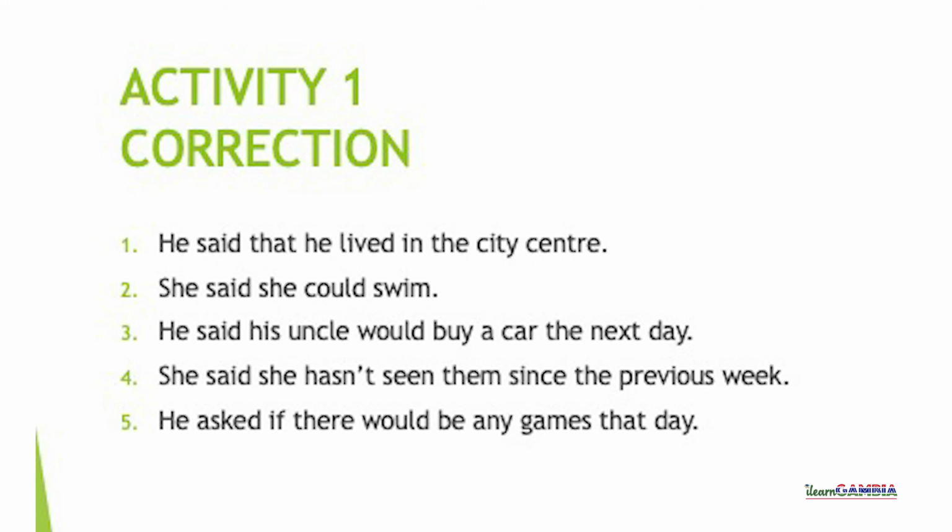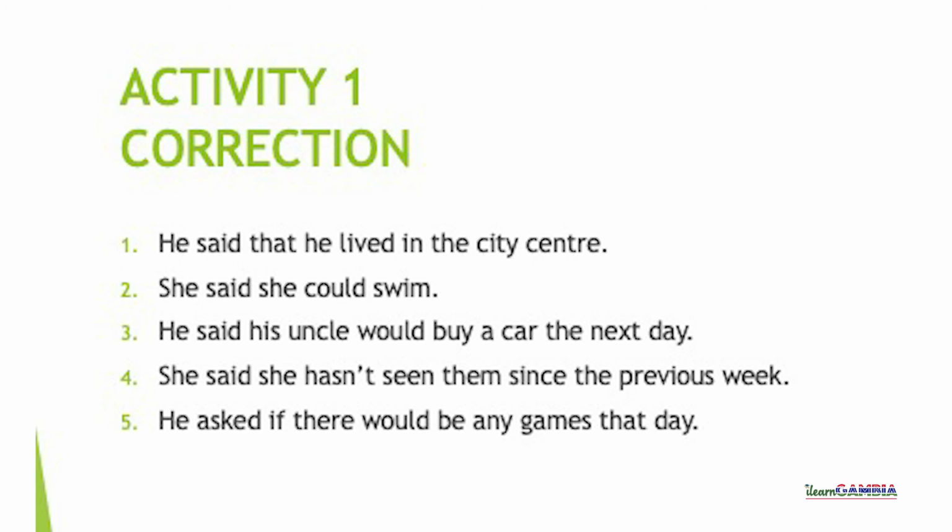Number 2, she said she could swim. Number 3, the answer is he said his uncle would buy a car the next day. Number 4, she said she hadn't seen them since the previous week. Number 5, he asked if there would be any games that day.